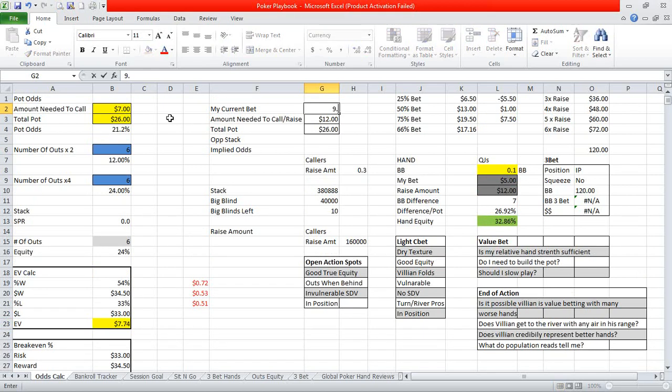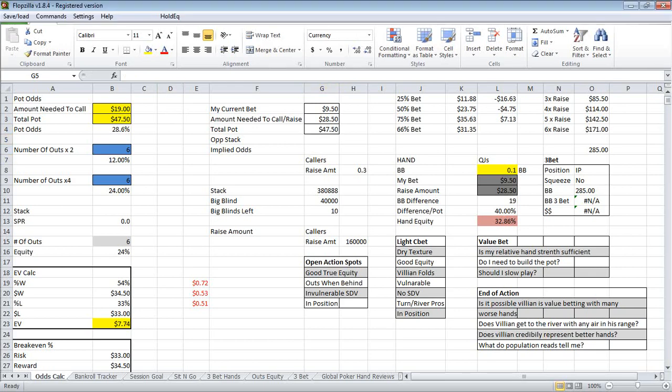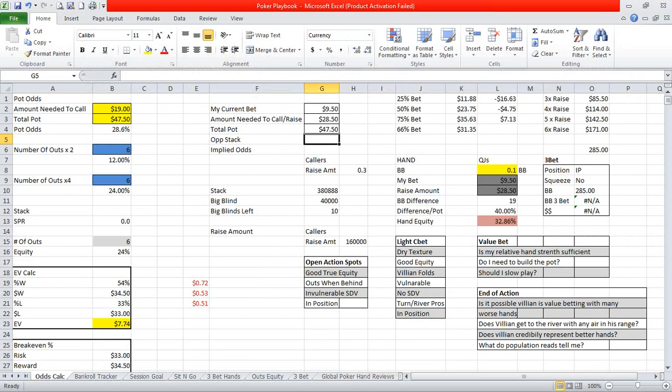So I bet 9.5 and he raised it to 28.5 and the total pot is 47.5. So my pot odds here are 28% and my equity is 31%.